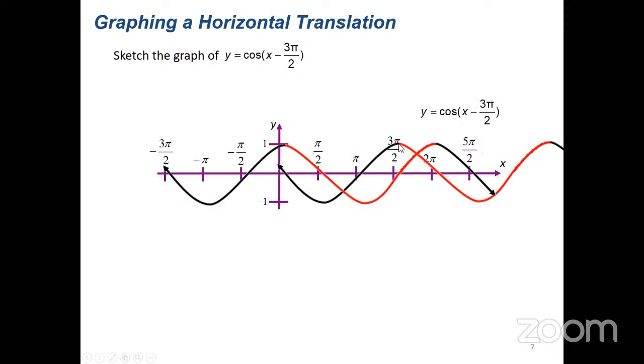You see that? It started here, and it moved the graph all the way over here. And you see where the red starts here? That shows you how you would graph y equals cosine of x minus 3 pi over 2.